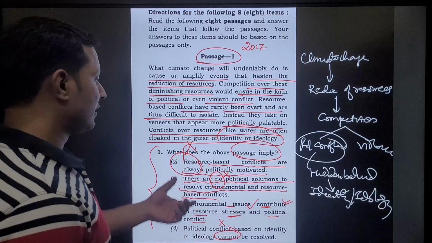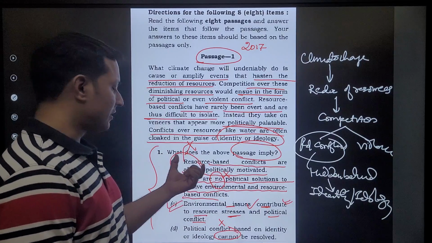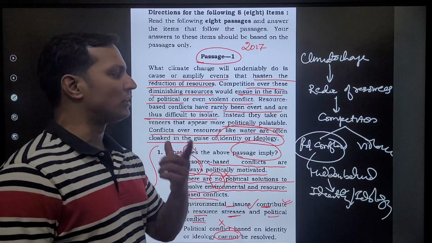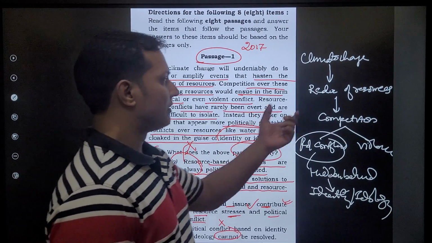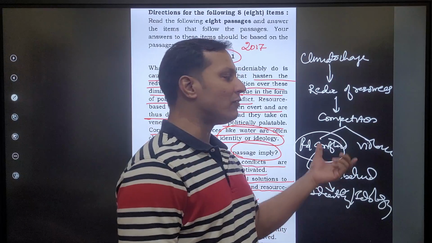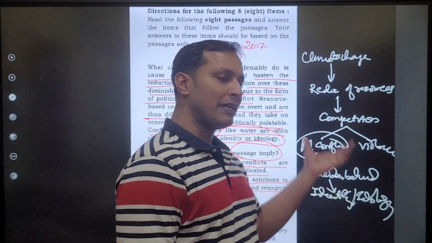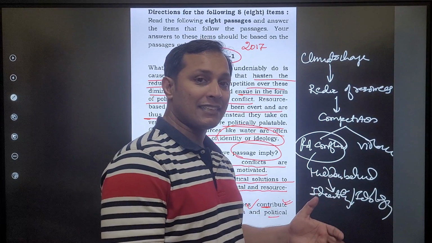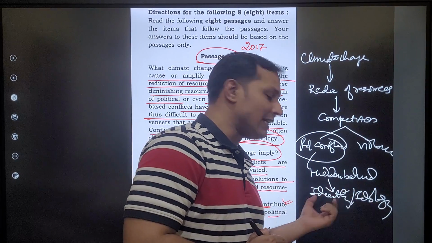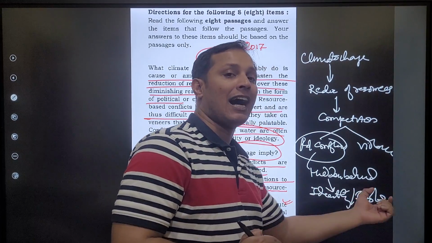So you can see here the first option, resource-based conflicts are always politically motivated. This is not correct. Because what the passage says is that resource-based conflicts take the veneer, they hide behind ideology, they hide behind identity.